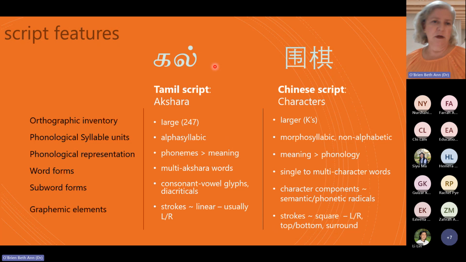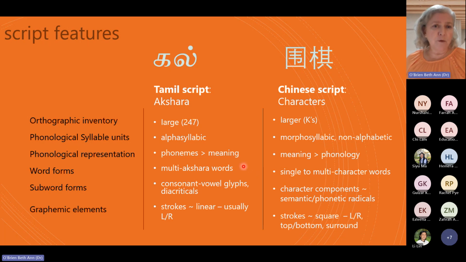So most glyphs are a syllable. They include a consonant sound plus a vowel, but it follows alphabetic principles, whereas Chinese script would be described more as morphosyllabic. So the character unit preserves meaning. And so meaning is coded over phonology, whereas the opposite is true for Tamil. Phonemes are coded over meaning.